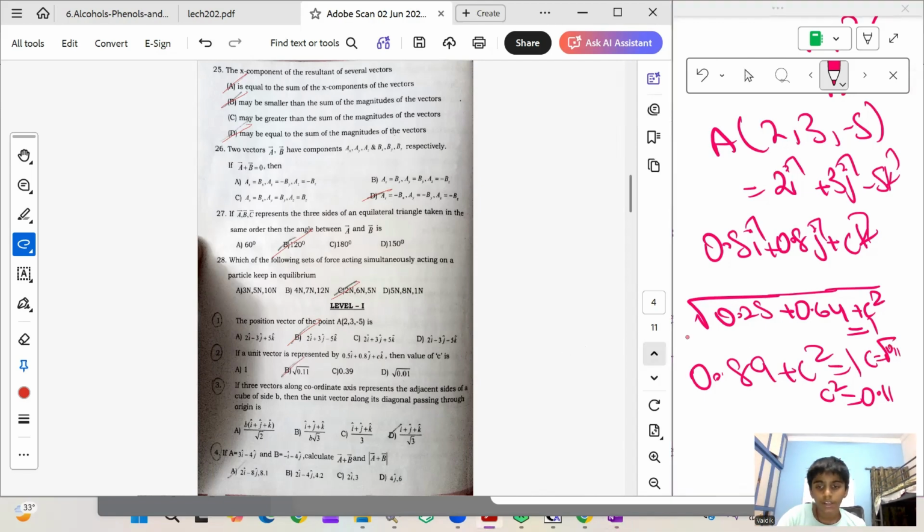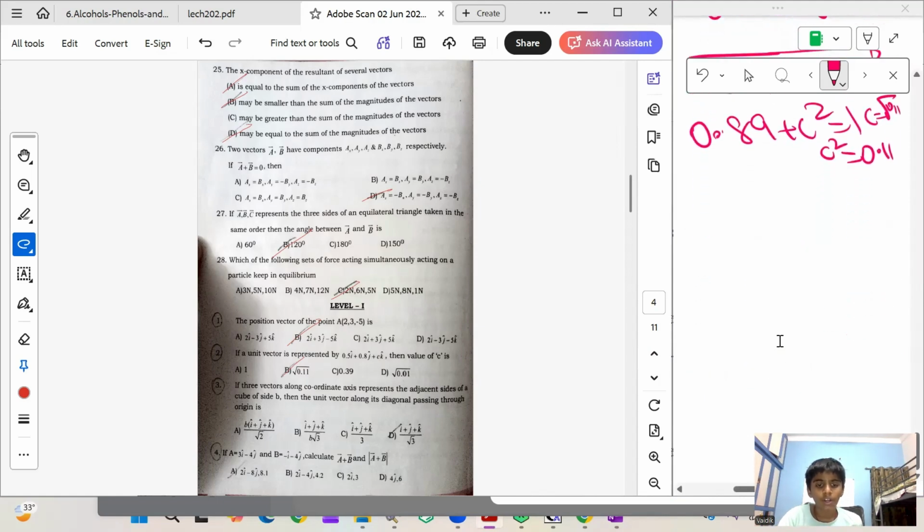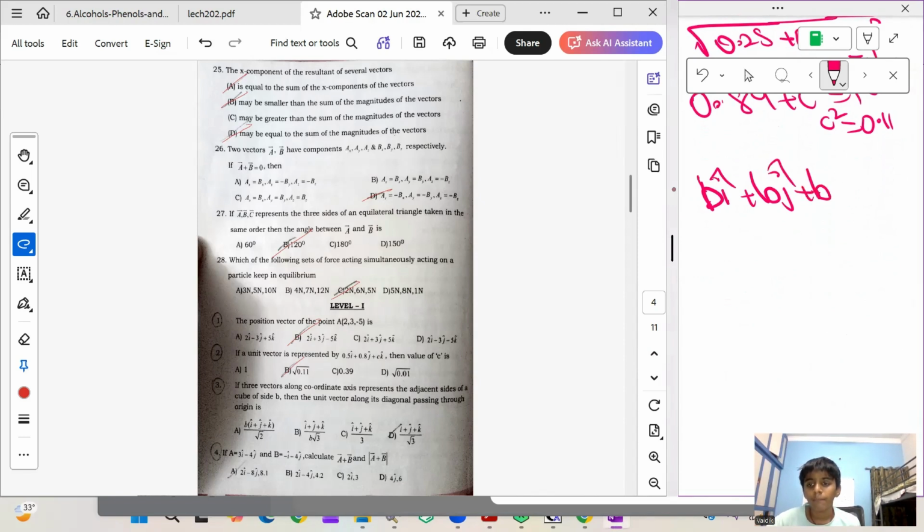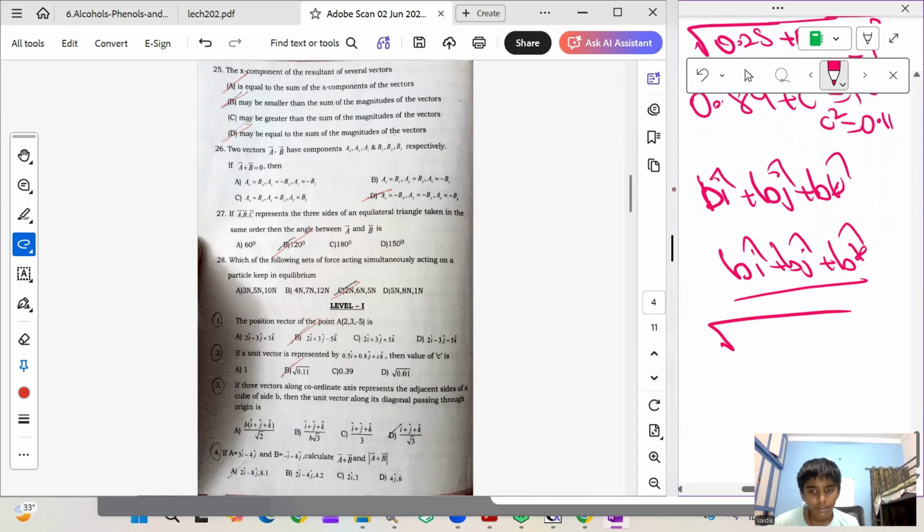Option B. Third, if three vectors along the coordinate axes represent the adjacent sides of a cube of side b, then the unit vector along the diagonal would be b i cap plus b j cap plus b k cap, divided by its magnitude, root over b square plus b square plus b square.